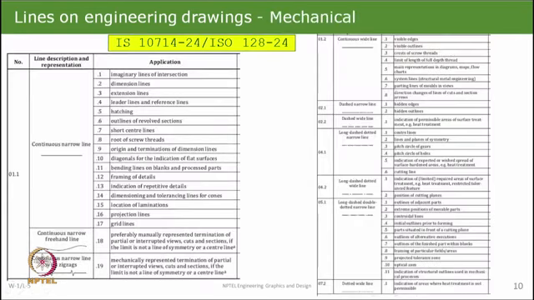And examples of lines on mechanical drawings are given in this standard IS 10714 part 24, and it says number 01.1 continuous narrow line, and within that there are various things for which this line can be used. 17 things can be denoted with a continuous thin line.